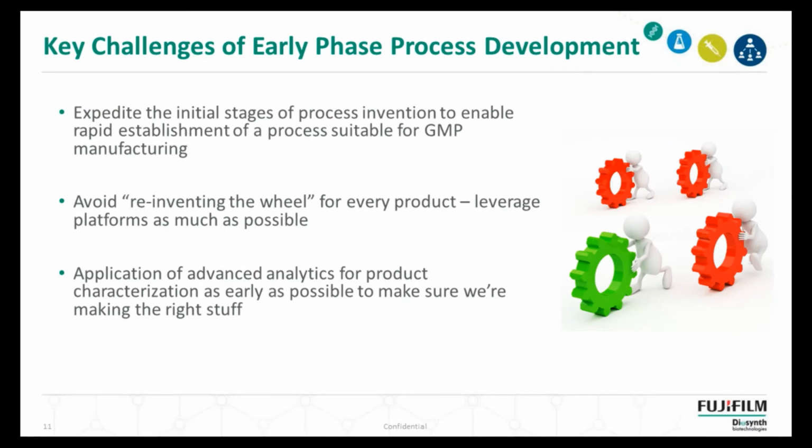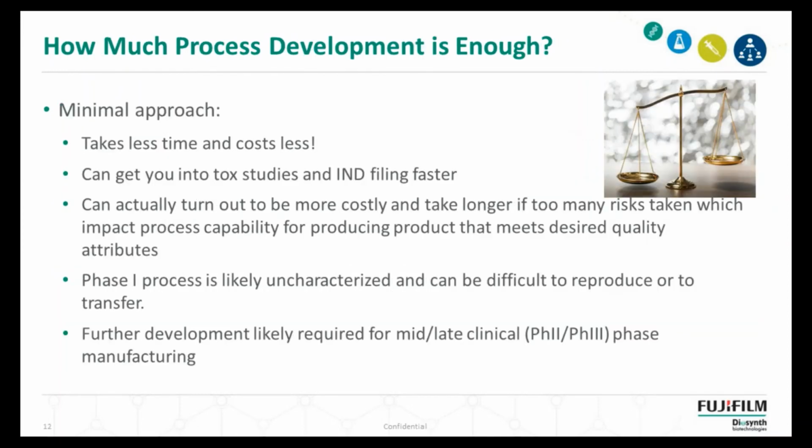Key challenges here are to expedite the initial stages of process invention and to avoid reinventing the wheel for every product. So if platforms are available, it's useful to leverage off those as much as possible. And finally, the application of advanced analytics for product characterization. It's very important to determine as early as possible that you're making the right stuff from your expression system.